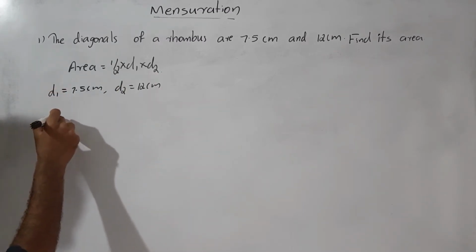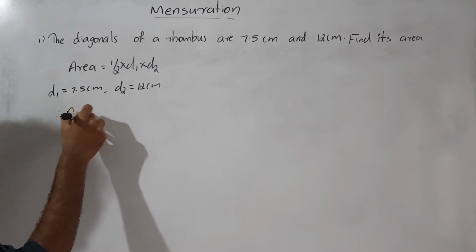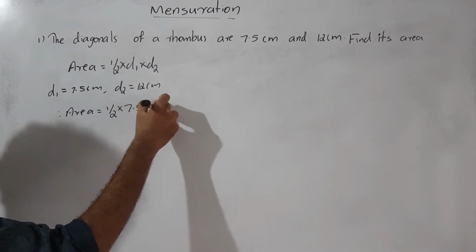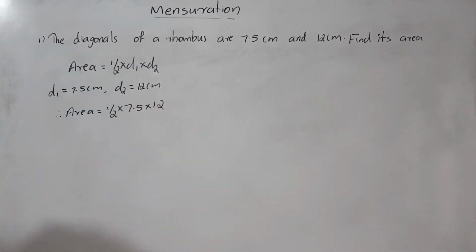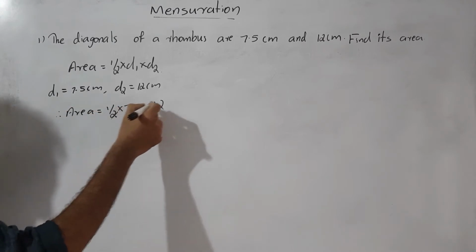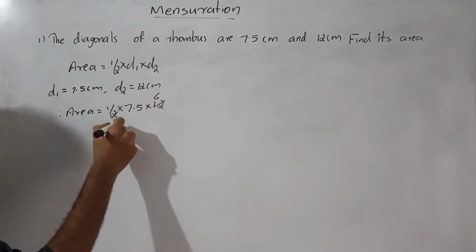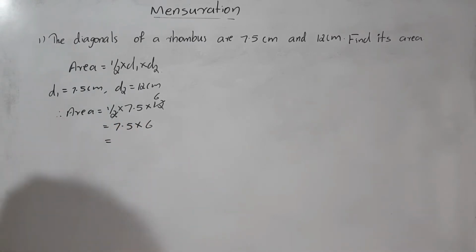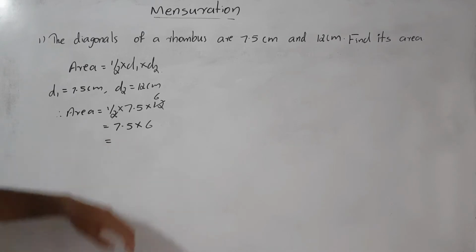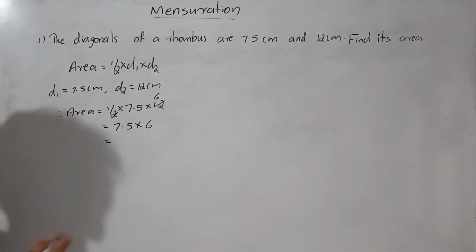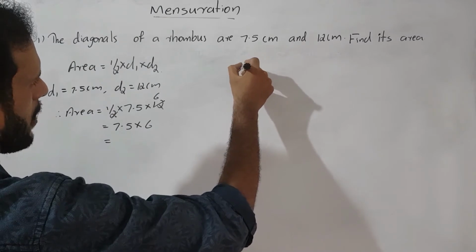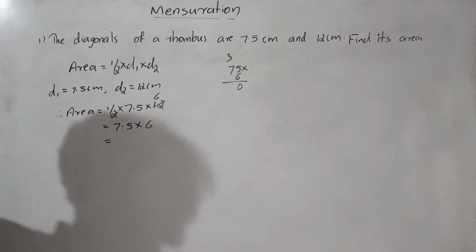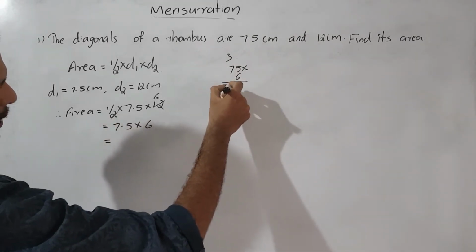Okay, so we substitute the values in this equation. Therefore area is equal to half into 7.5 into 12, correct? It is possible to reduce: 2 into 6 is 12, then 7.5 into 6, correct? Then we multiply 75 and 6. 75 into 6 is 450.